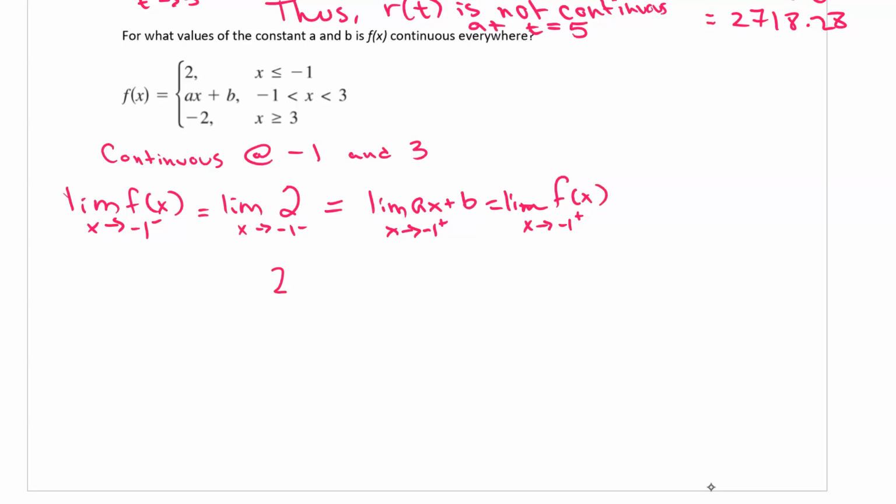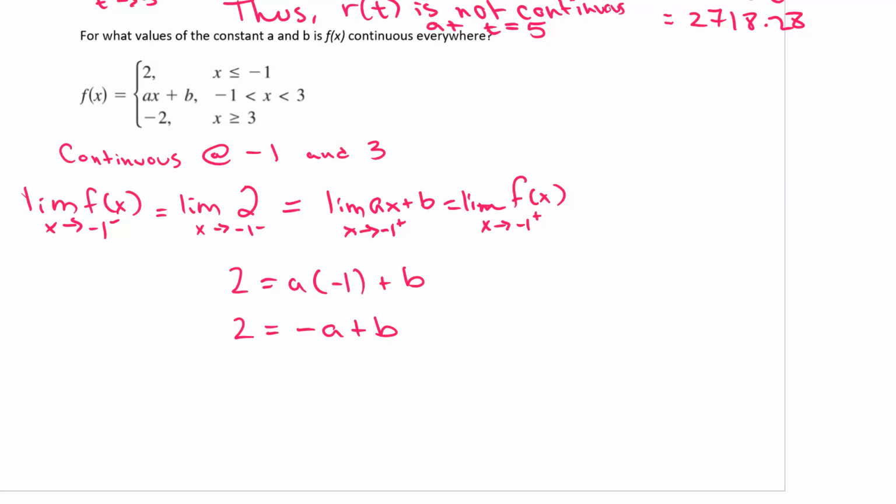So we've got 2 equals a times -1 plus b. 2 equals -a plus b.